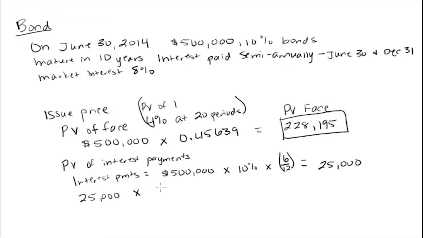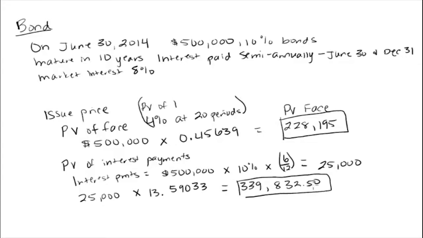You should find a factor of 13.5903. So that gives me $339,832.50 if we don't want to cut this off. So that is the present value of the interest payments.